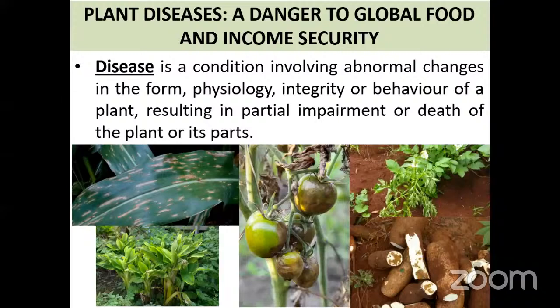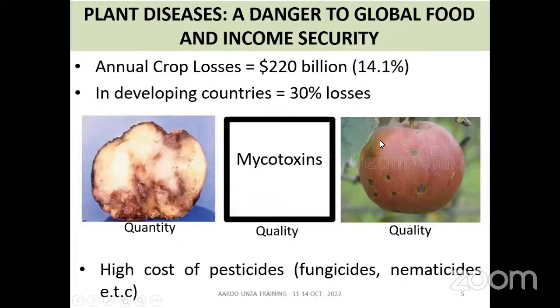So plant disease can affect any part of the plant: leaves, stems, the entire plant, fruits, roots, and everything. So the end result is that you have an unproductive crop, and you have losses. If you have people that were employed to do this, they lose their jobs, and so on. And therefore, it's very important to control plant diseases.